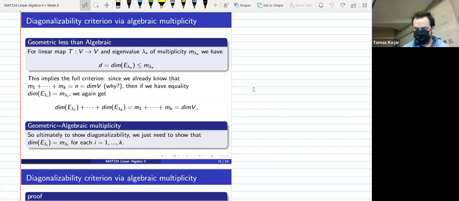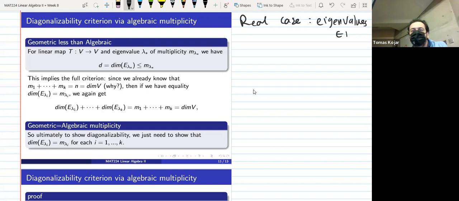Last time we left off in diagonalizability. Let's review the main result. First, let me talk about the real case. In your book, when you constrict your eigenvalues to be real, you need the following conditions.